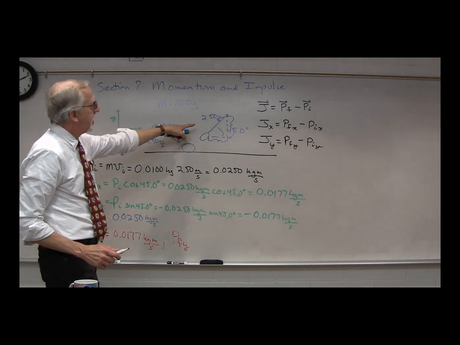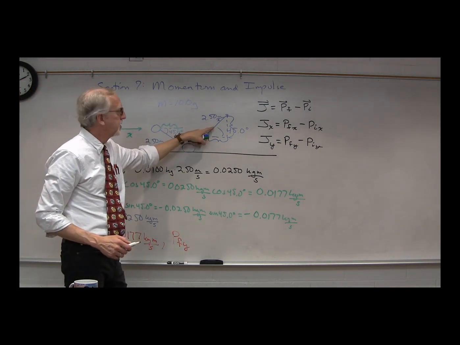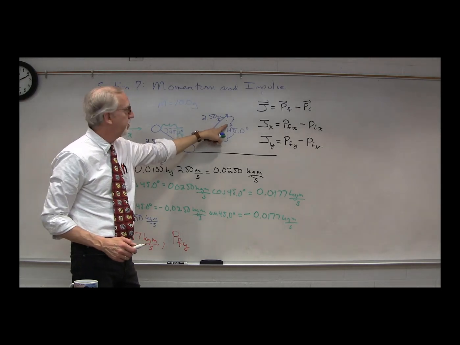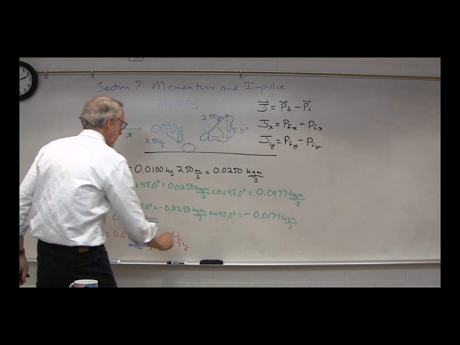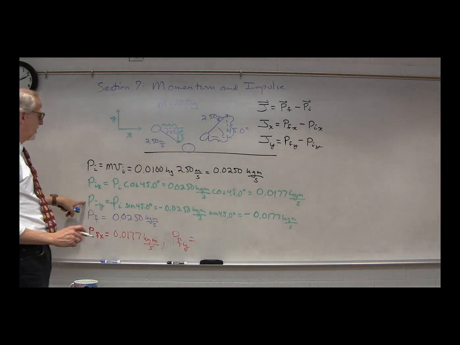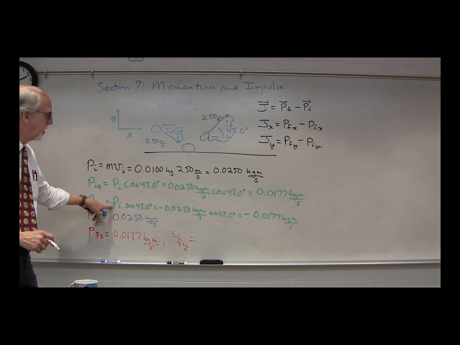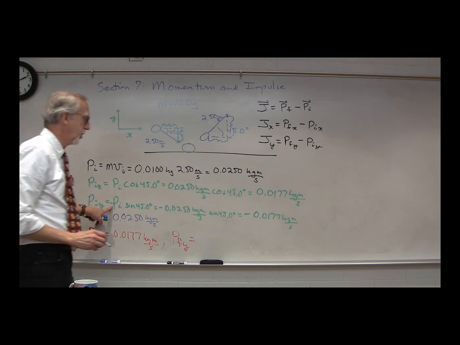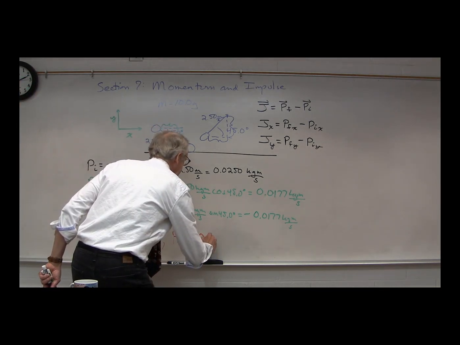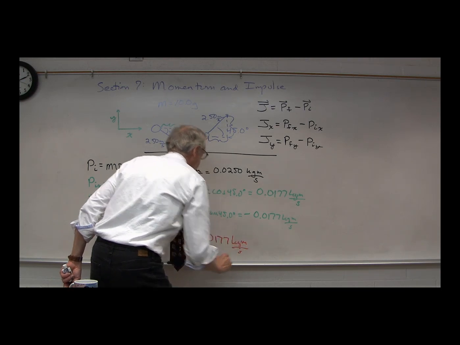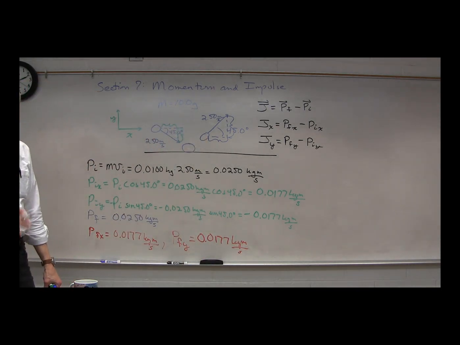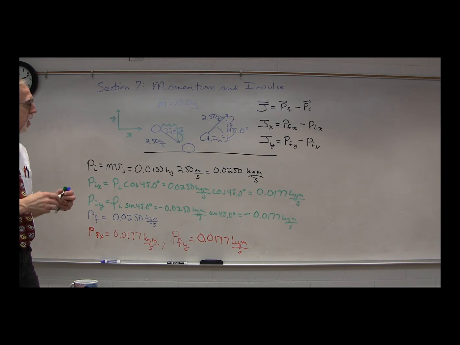P final y will be P final times sine 45, but now it's positive. So P final y will actually be the same as P initial y, but positive rather than negative. So it'll be positive, again, 0.0177 kilogram meters per second. Okay, there we go. We've got all of our components.